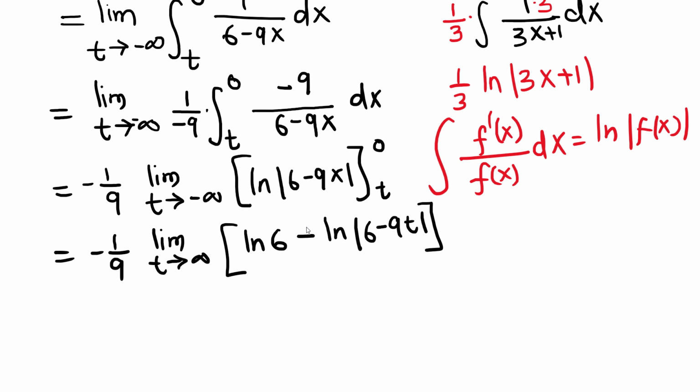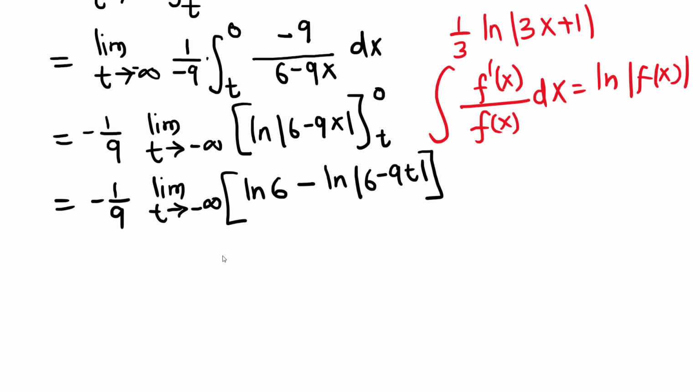Now we want to take the limit. Again, t is going to negative infinity; I forgot to write that. When we take this limit, there is no t in the first term, so we have to work on the second. Let's look at when t is a very, very big negative number.